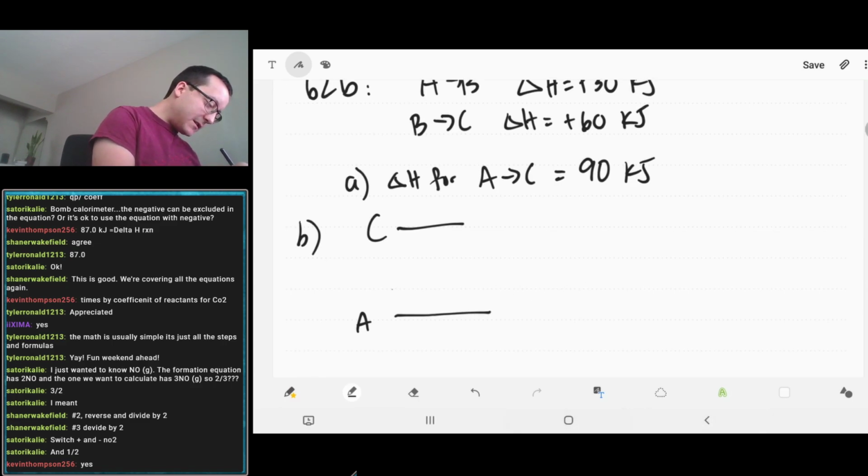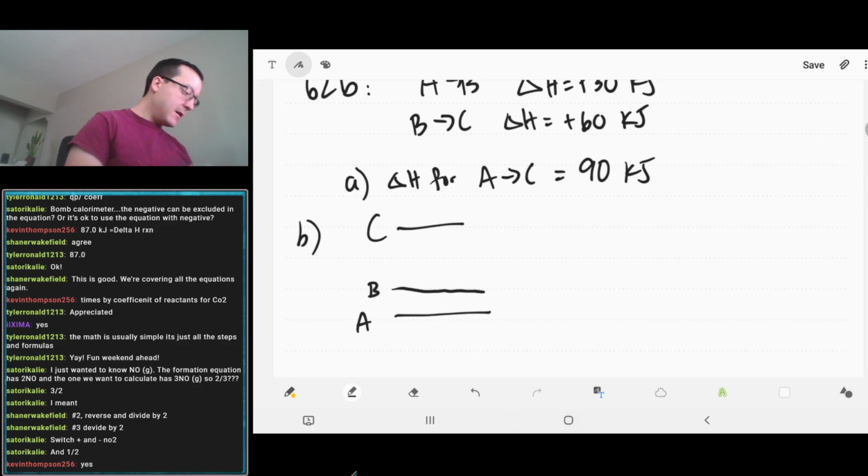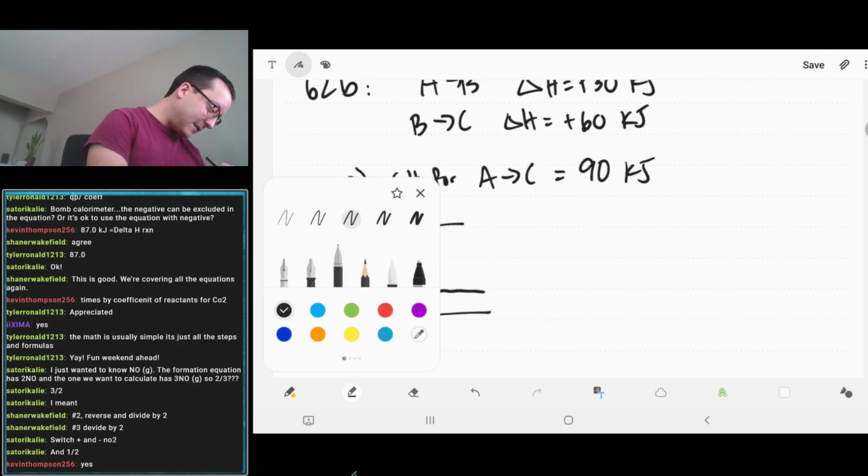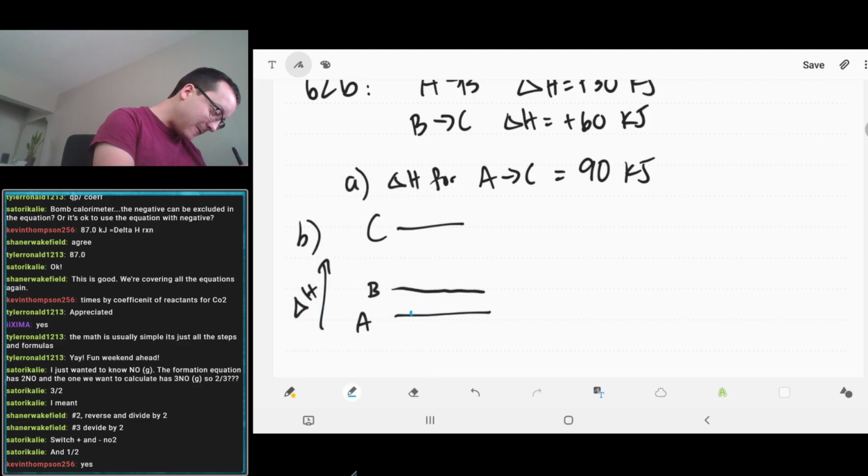Why did I draw it to the side? So this is delta H going up. Let's say A started at 100 kilojoules, then C would be 190 kilojoules, right? It's just the difference between them. So we saw that to go from A to B was 30 kilojoules.